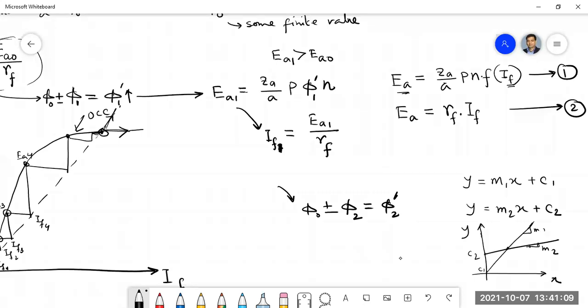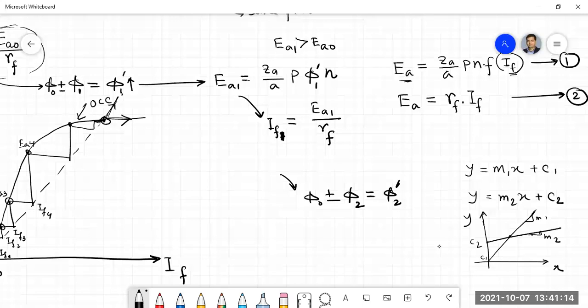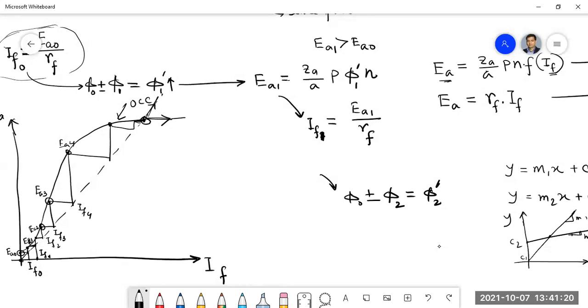So here also we are having two curves and they are intercepting at a point. This point is therefore called the stable voltage point. All the other voltages are called unstable voltage points. Because once the voltage build-up starts, the voltage will not stop at any point except this stable voltage point.